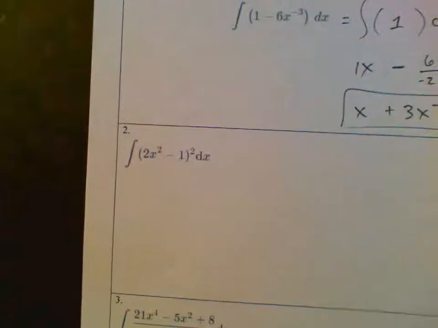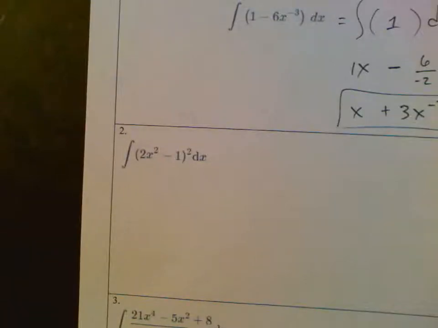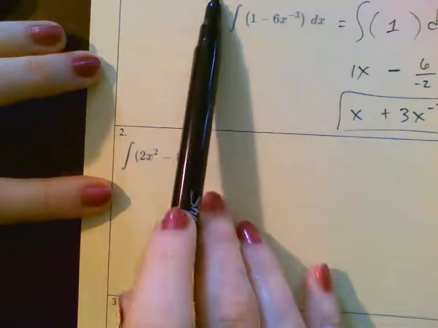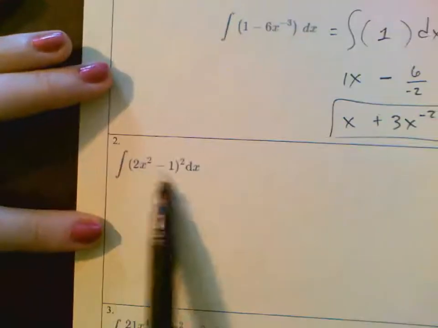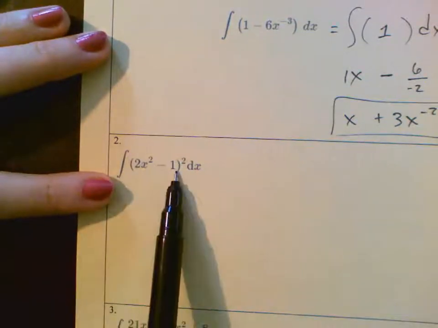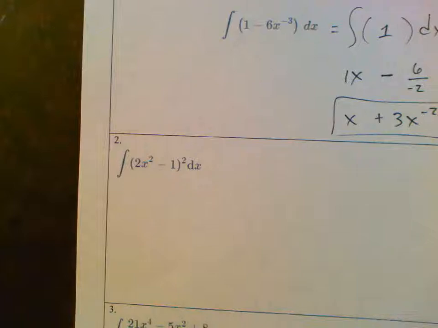Now this one. We're going to have to do an aside here, guys. What we are taking the antiderivative of, or the integral of, they're the same thing, is not a sum of things of the form ax to the n. That's what we want.